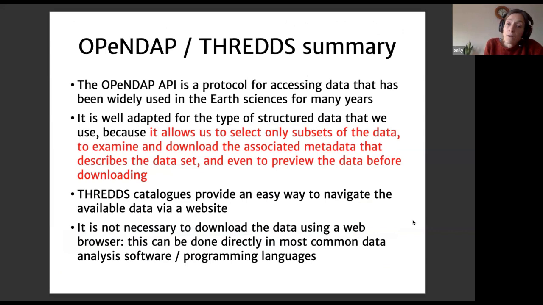The THREDDS catalog is this interface that helps us to navigate the data via a website. You can use a web browser to do that, but once you become comfortable with how the requests work, you can also do that by using your favorite data software, to make it an automated process if you're dealing with a lot of data.